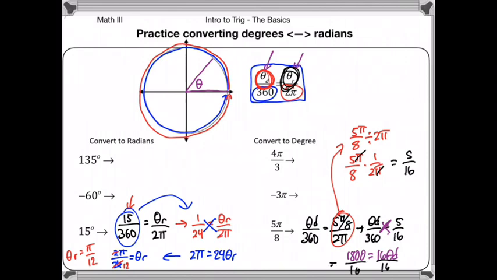At the end of the day, the amount of degrees that 5 pi over 8 equals is going to be 112.5 degrees. So this is a standard way we go back and forth converting from degrees to radians and radians to degrees. Let's get this mastered with some practice, and then I will see you in the next video to push this concept further.